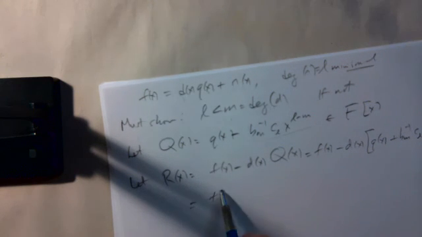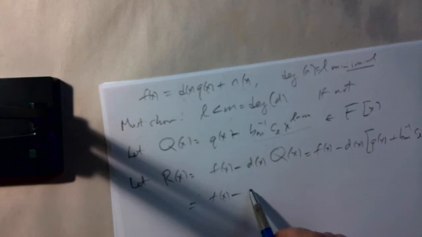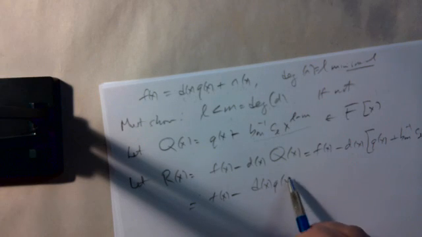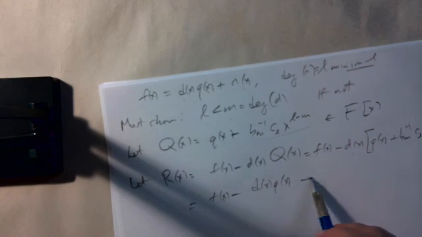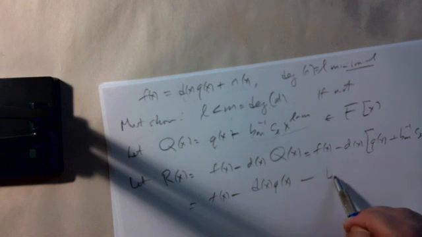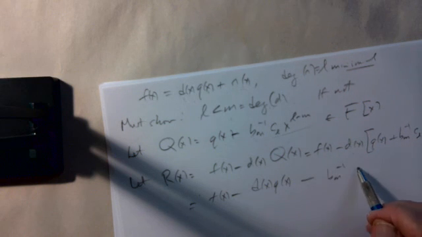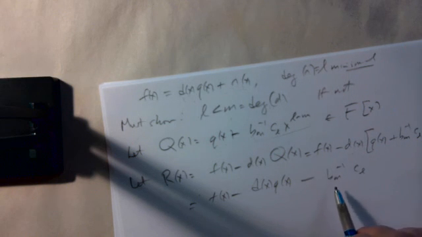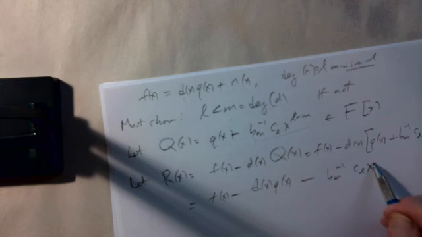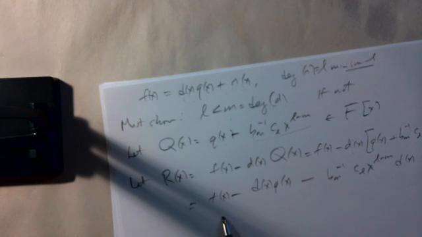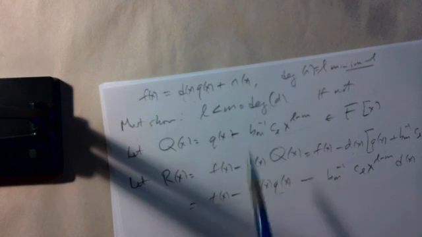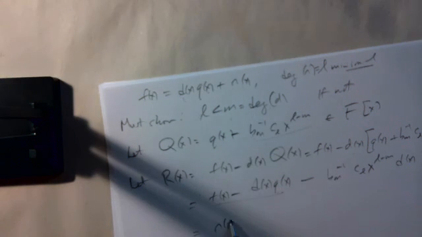This is f of x minus d of x q of x minus b sub m inverse c sub L x to the L minus m d of x. F of x minus d of x q of x, that's little r of x, minus this expression.